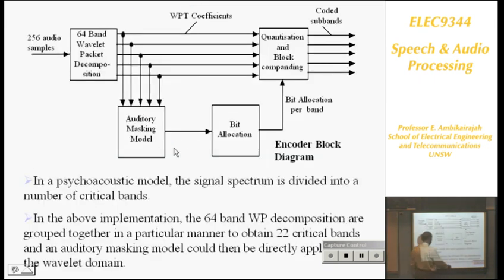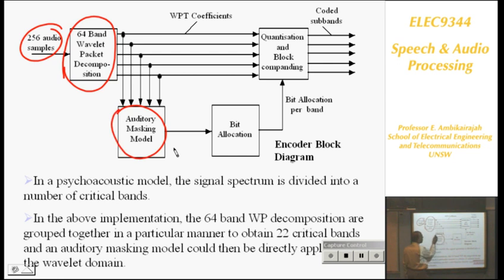A simple example is this here. Instead of MPEG, I have these. I have 256 audio samples. I can take a frame and do a 64 band decomposition, take the output of each filter and apply the auditory masking model, and from that I know how many bits I have to allocate. Then I take the incoming signal, set the masking threshold, work out how many bits, and send them across.